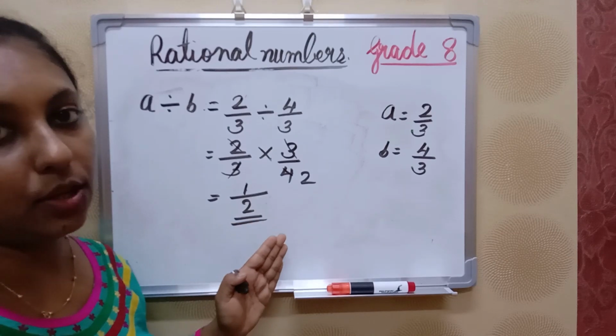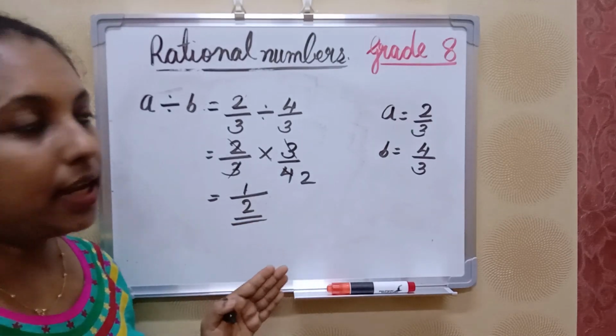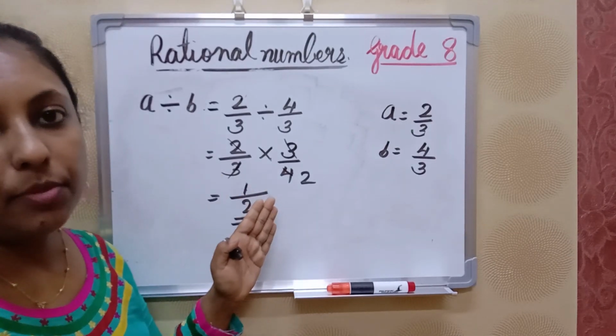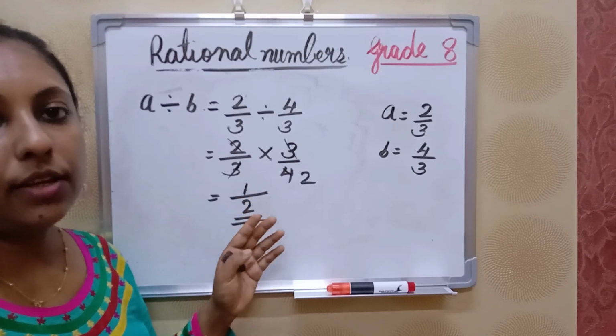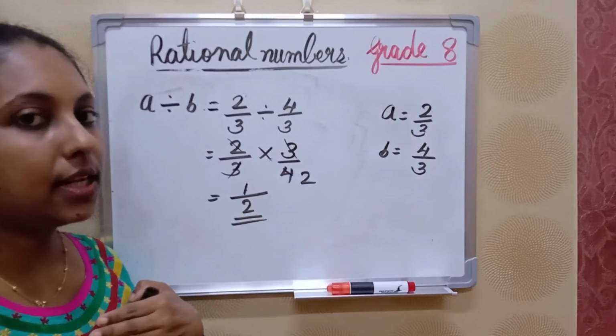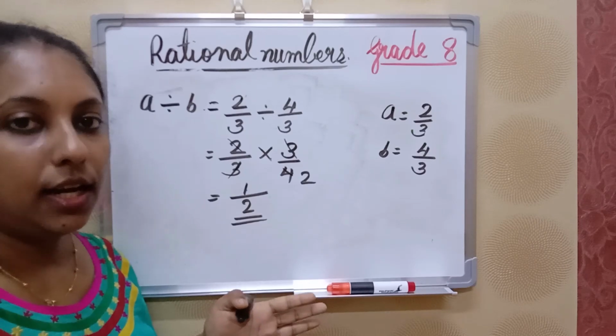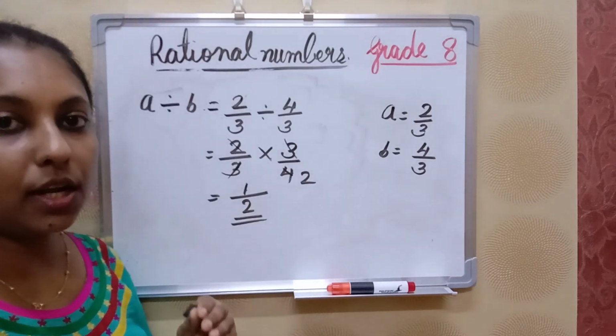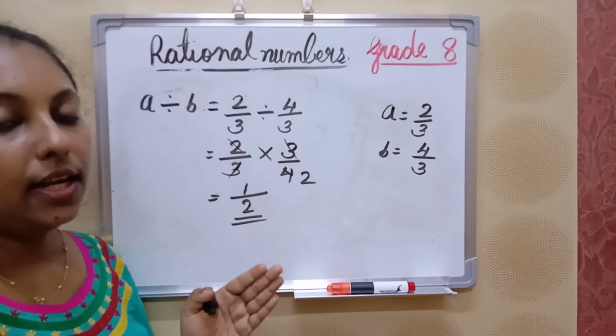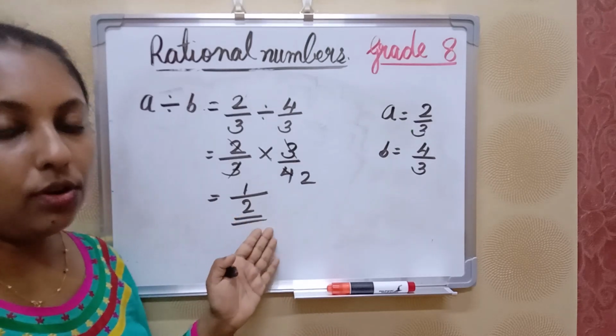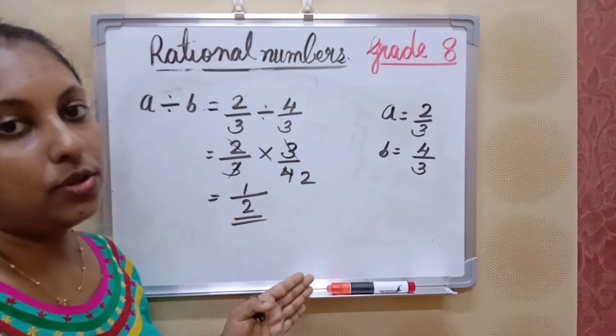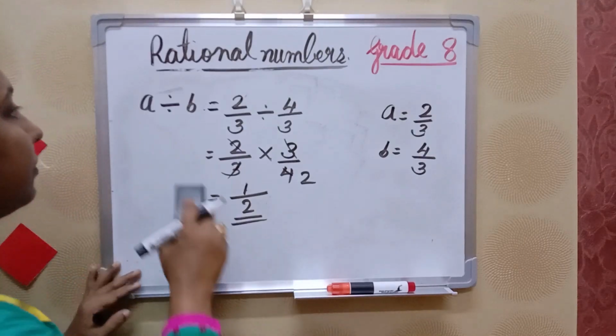But division by 0 is meaningless. So we can say the rational numbers are not closed under division. Except 0, the rational numbers are closed under division.